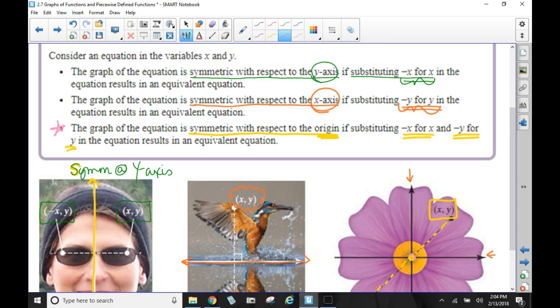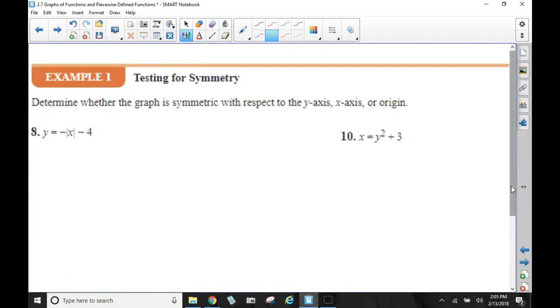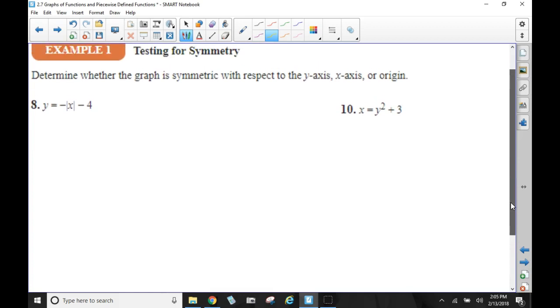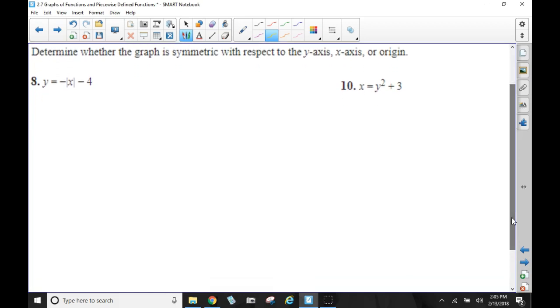If you want to see if a graph is symmetric about the origin, you replace both x with a negative x and y with a negative y. Let's look at an example. Here we are given some equations, and we're going to do the three different tests to see if the graph is symmetric with respect to the y-axis, the x-axis, or the origin.